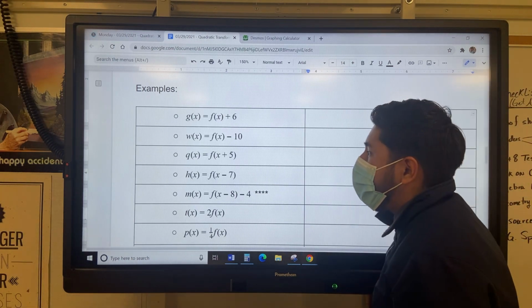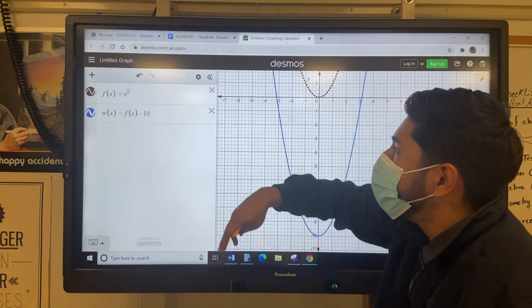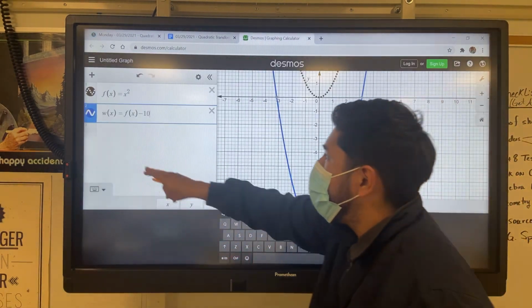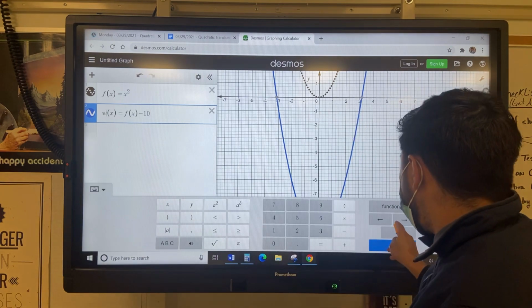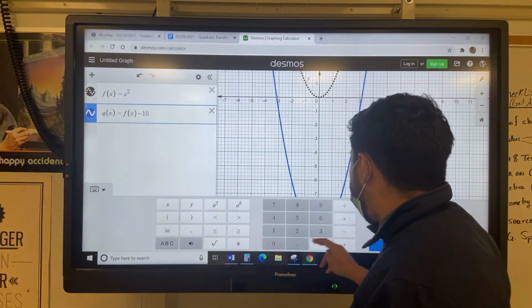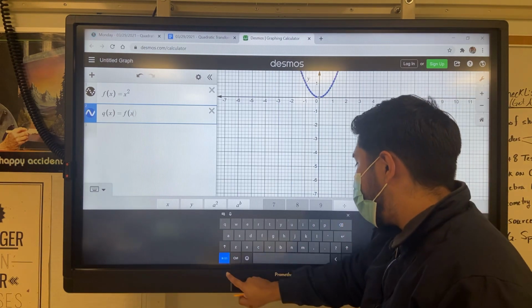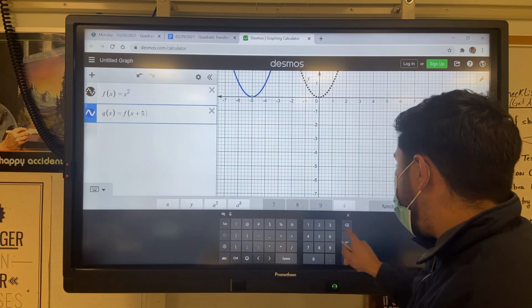Q of x equals f of x plus 5 in the parentheses.